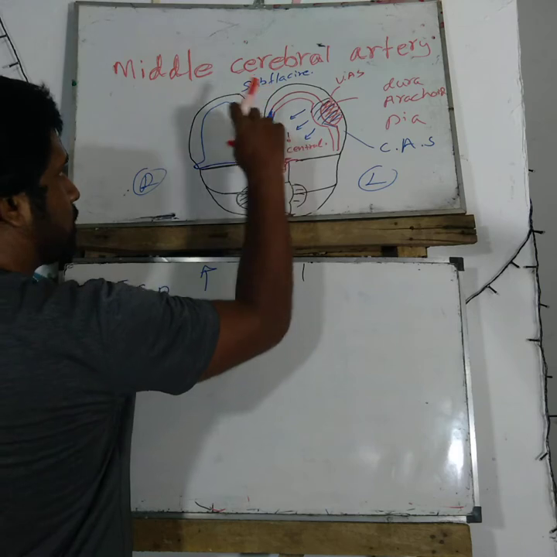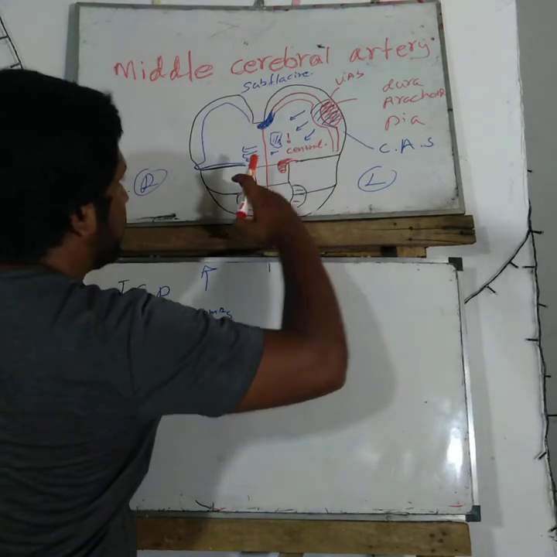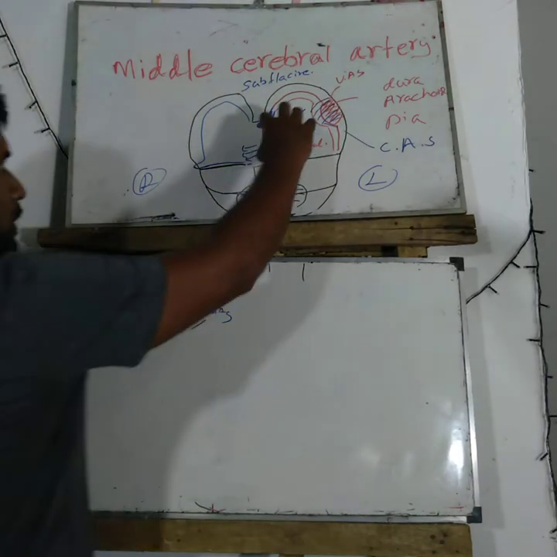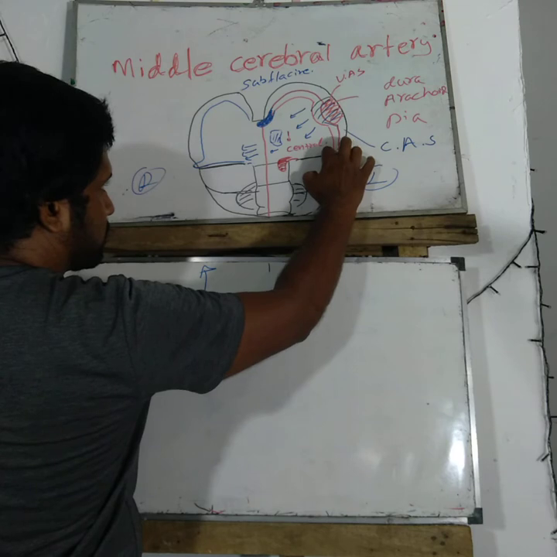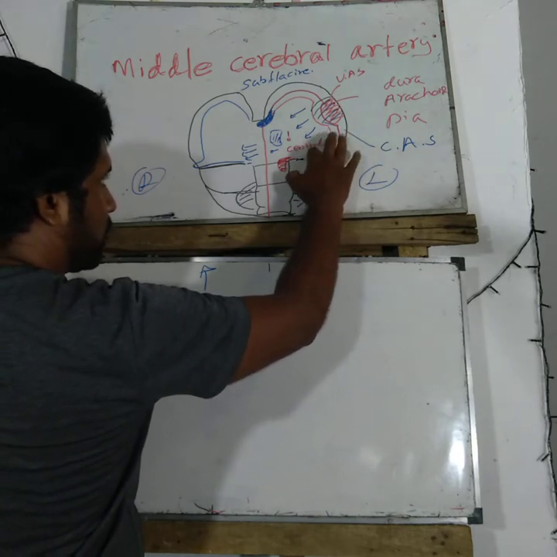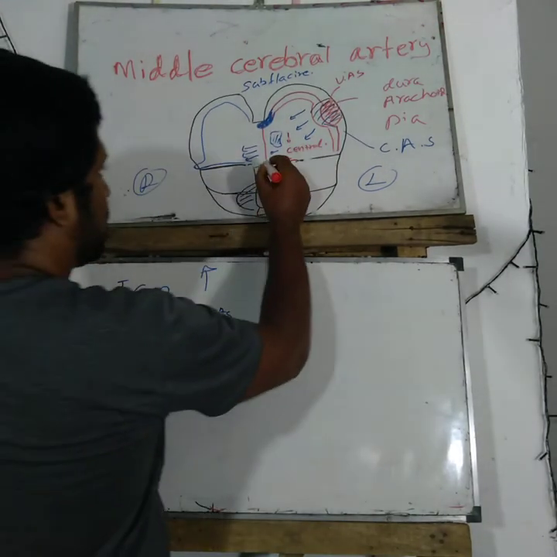This is the CSF fluid collecting in the ventricle, going downwardly and to the middle side. These are the cortex temporal area, with herniation to the brain stem.